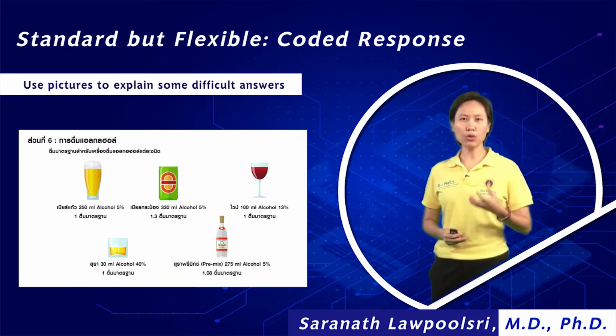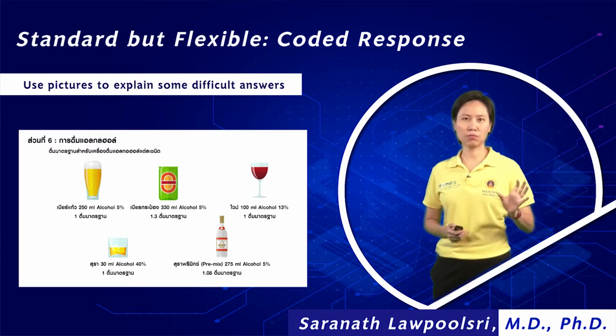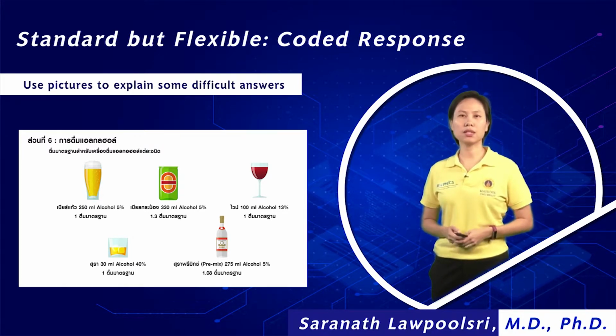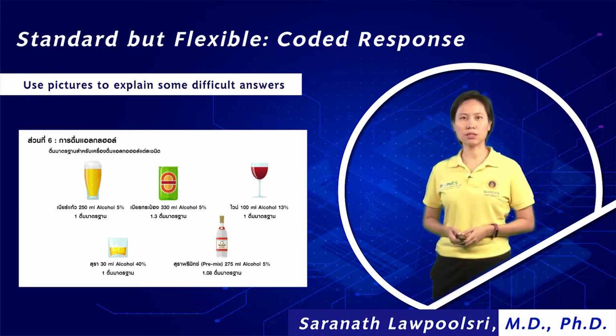So how could we evaluate the amount of alcohol that the participant intakes? We can provide pictures and let them answer based on those particular pictures. That will help create more understanding between the investigator and the participants.